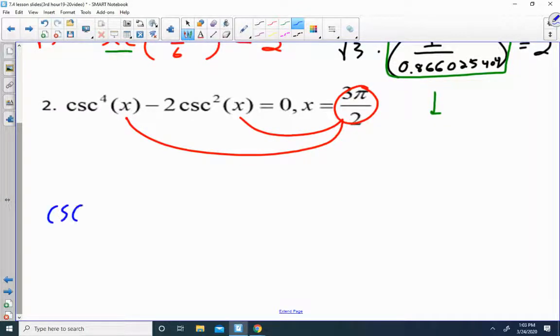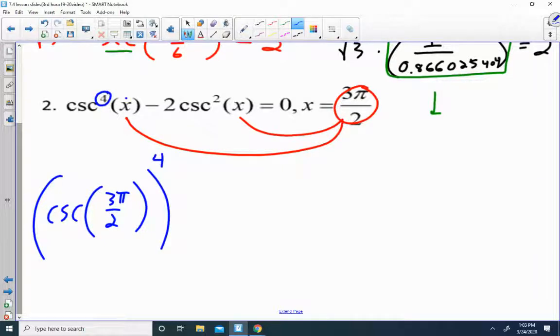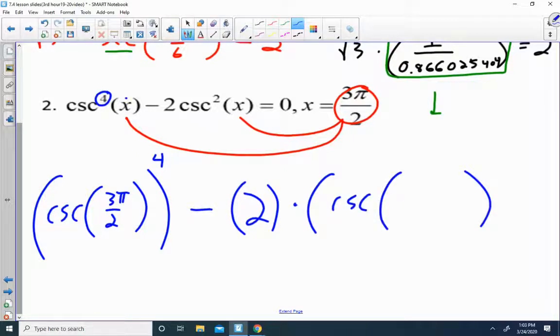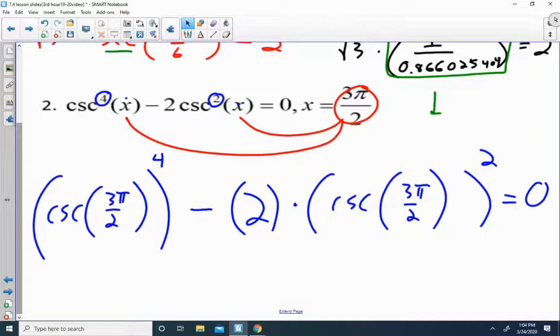Here, we're going to do cosecant of x, with x being 3 pi divided by 2, and since it's being raised to the 4th, you take that answer to the 4th power. Then minus 2 times cosecant, where again x is 3 pi divided by 2, and notice the cosecant is squared, so you find that answer squared. And we're going to see if this will all equal 0 or not.